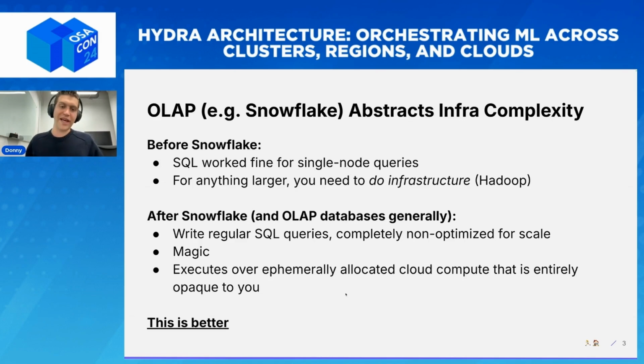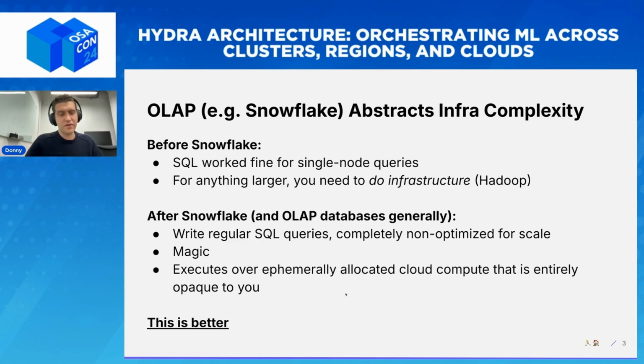And then post-OLAP, in the quote unquote modern data stack, with all the baggage that the term carries with it, you just write SQL queries, you send them off to your platform, and you don't really have to think that much about how the SQL queries are formed unless you're cost conscious. The platform just does magic, executes your SQL query for you on ephemeral or cloud compute that is maybe not directly exposed to you.